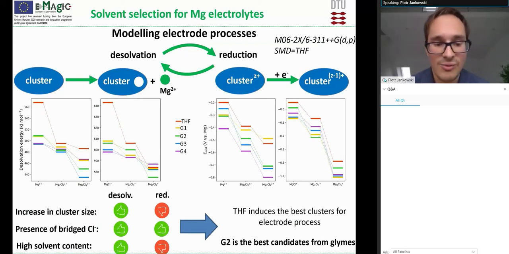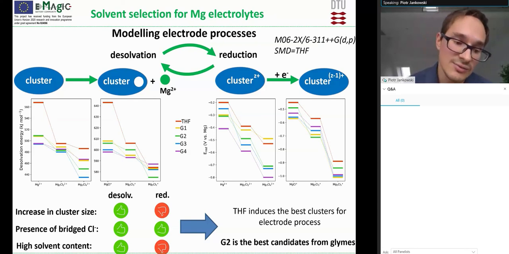The good impact was found if we have chlorines that are bridging in the structure, connecting two magnesiums, because in that case the electron density shared from chlorine to both magnesiums can be easily shifted from one to another if we remove one magnesium or reduce one of the magnesiums.